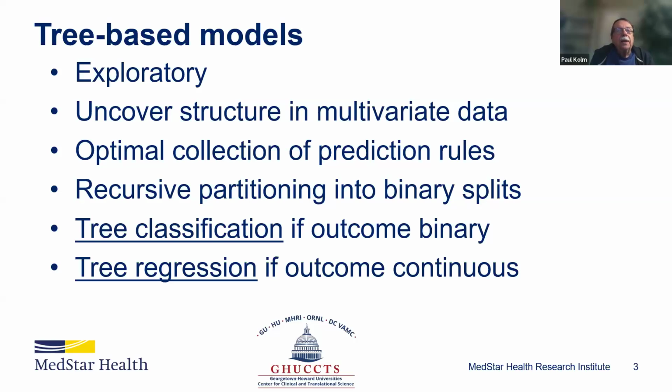The procedure is to take the independent variable that will give us the largest difference in our outcome variable, whether that be, say, age or race, sex, whatever it might be.